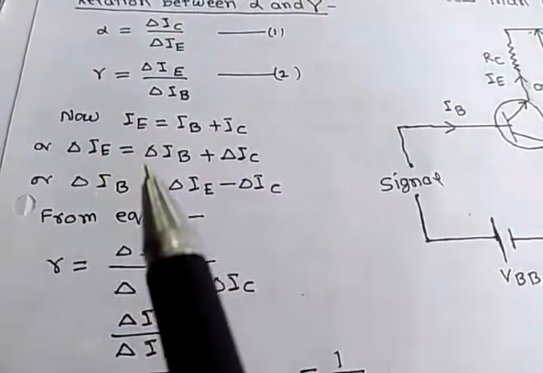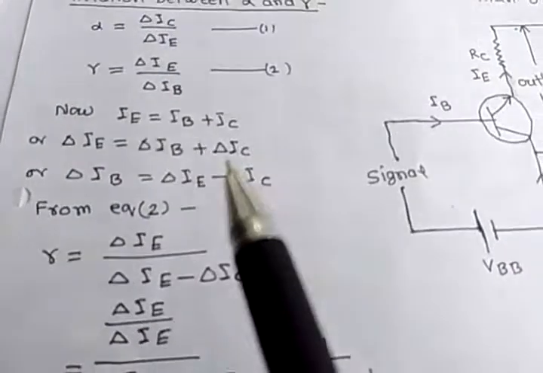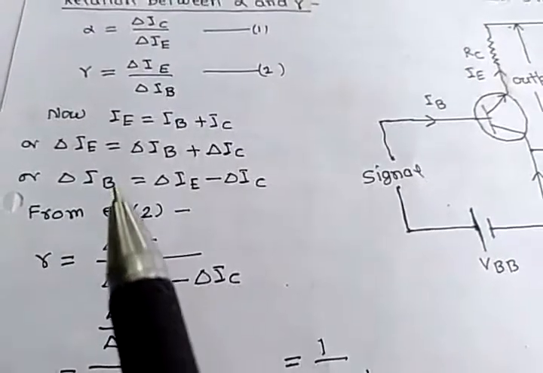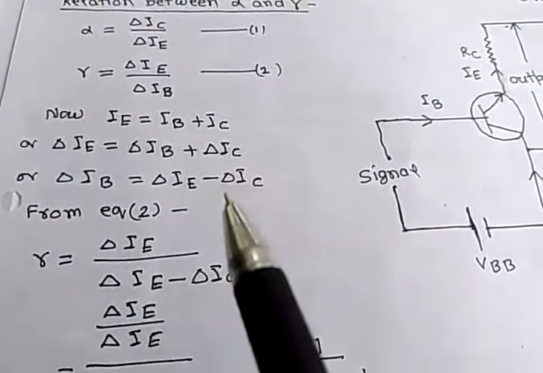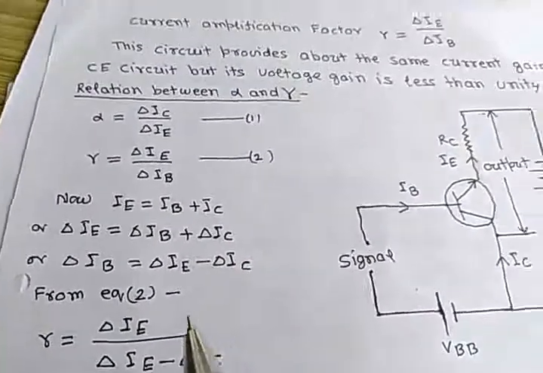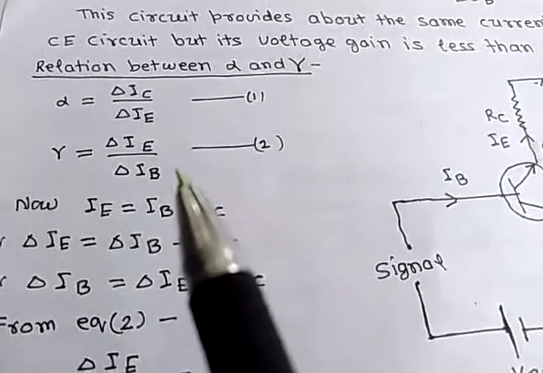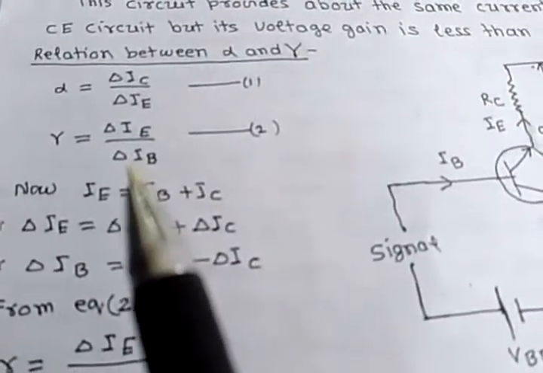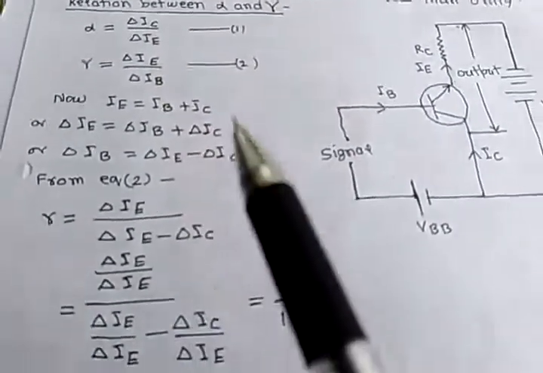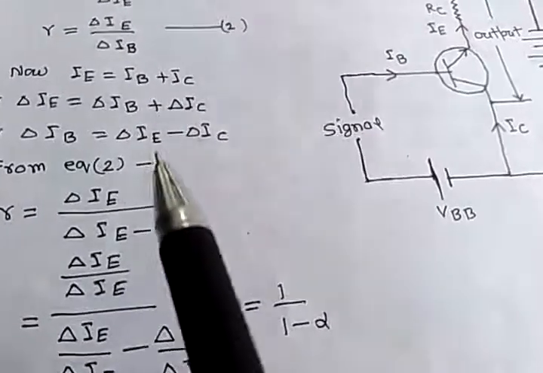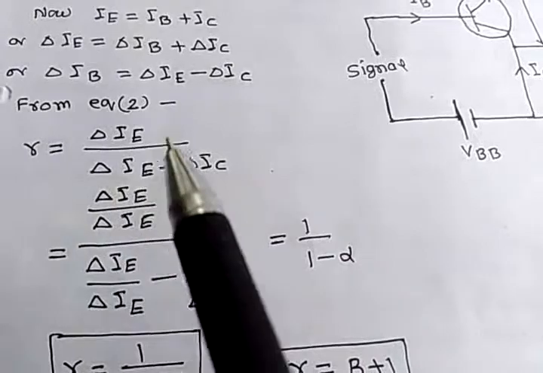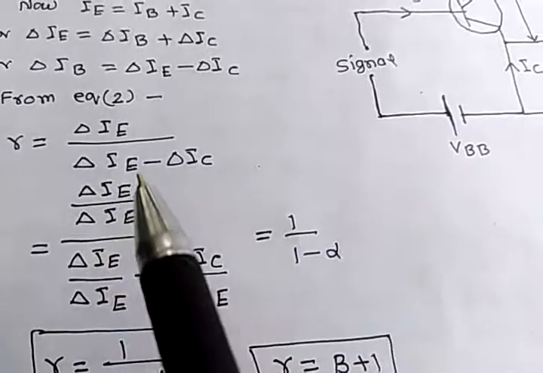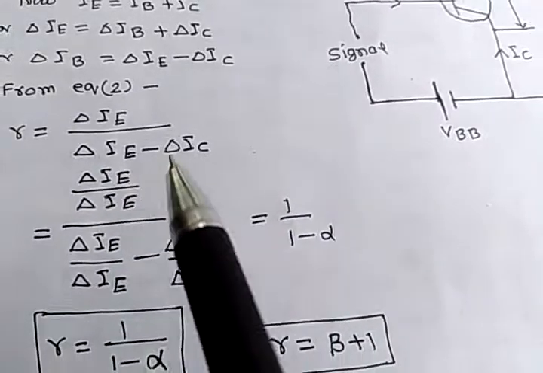So delta IE equals delta IB plus delta IC. In this way, we can write delta IB equals delta IE minus delta IC. So in the expression of gamma, in place of delta IB, we will write delta IE minus delta IC. So gamma equals delta IE upon delta IE minus delta IC.